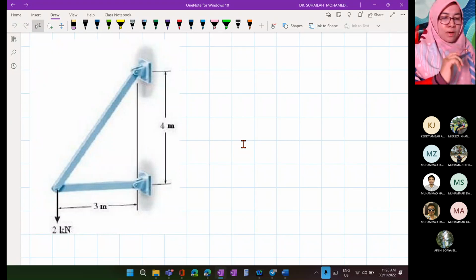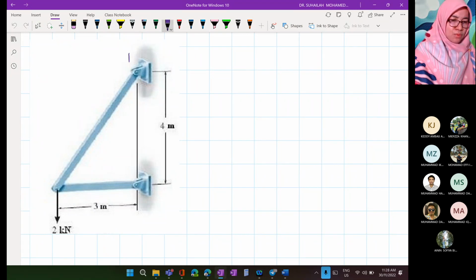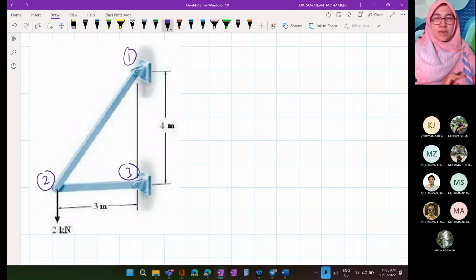Number one, label the nodes. So we have to label. There are 3 nodes here, as we can see: 1 here, 2, and 3. You can label the other way around, it doesn't matter.